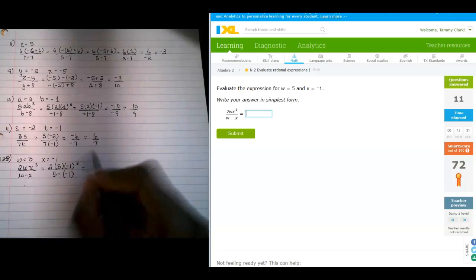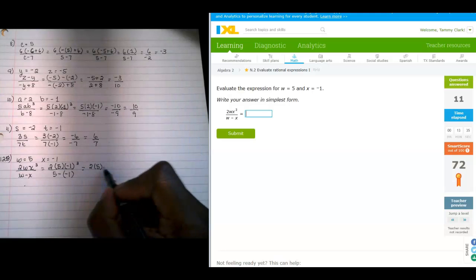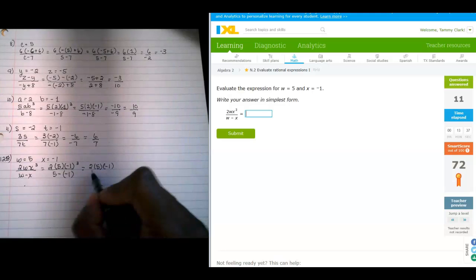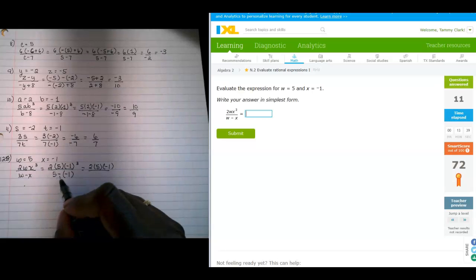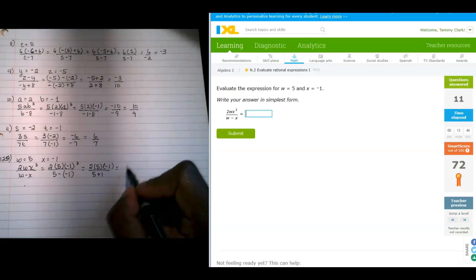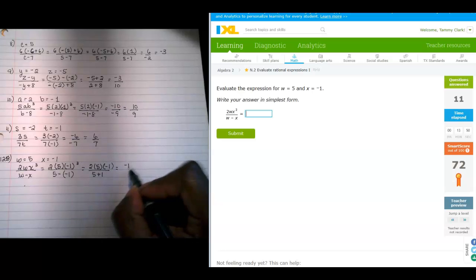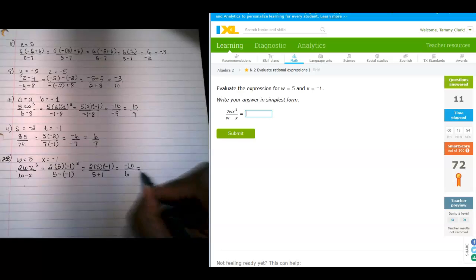So we've got 2 multiplied by 5, negative 1 cubed is negative 1. 5 minus negative 1 is the same as saying 5 plus 1. So we've got 2 times 5, which is 10, times negative 1, which is negative 10, over positive 6.